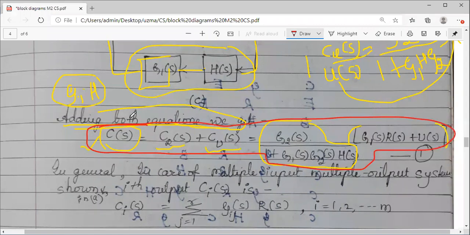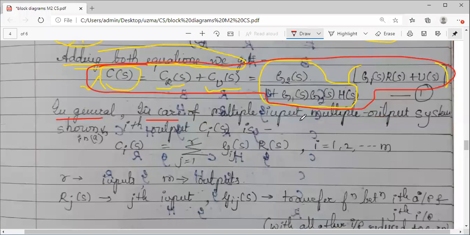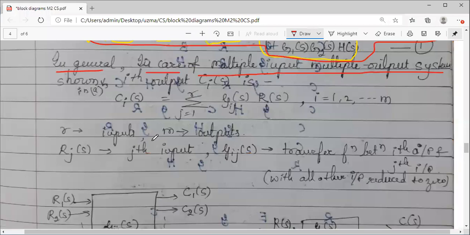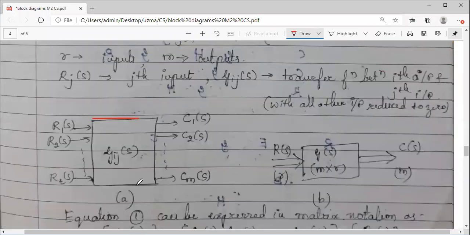In general, in case of multiple input, multiple output systems, this is your general block with some transfer function G. It has multiple inputs R1, R2, R3 up to Rr, and C1, C2, C3 up to Cm. They are the outputs. These are inputs, these are outputs.